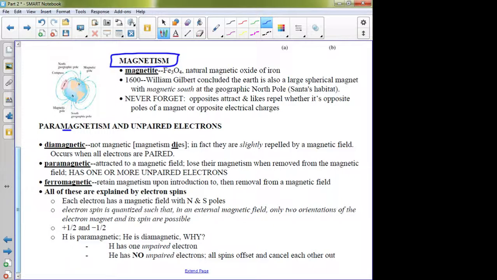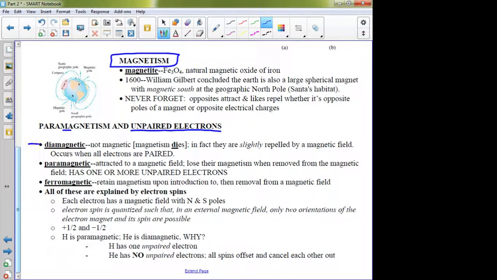Remember, we talked about how electrons behave as waves and particles, correct? And we talked about with electromagnetic radiation that they have an electric field and a magnetic field. So those negative electrons, which we know have an electric field, also have a magnetic field. Where does that magnetic field come from? It comes from the unpaired electrons. Okay.